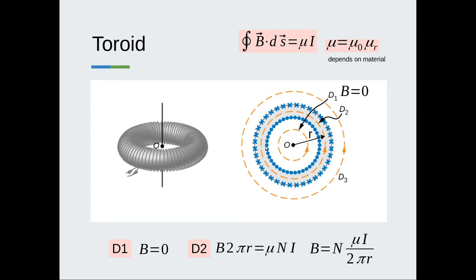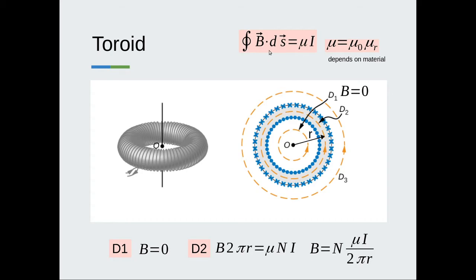It's easier for us. Here a dot indicates the current flowing out, and a cross indicates the current flowing in. For Ampere's law, this is the direction of your B vector, and it's just parallel to the direction of your integration.